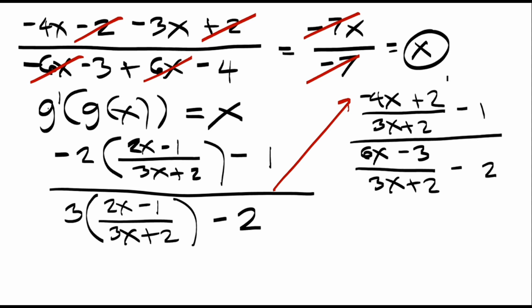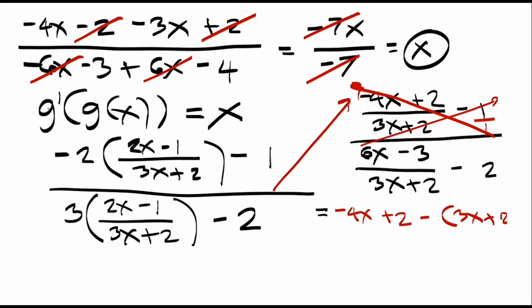So again, let us combine this numerator and this denominator. So we have, by cross multiplication again, this is over 1. So 1 times this is negative 4x plus 2. And 3x plus 2 times negative 1 is minus 3x plus 2.